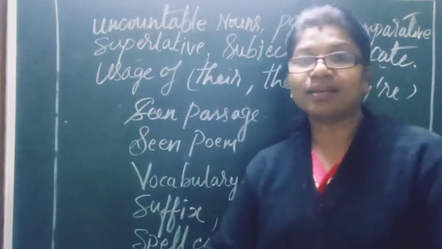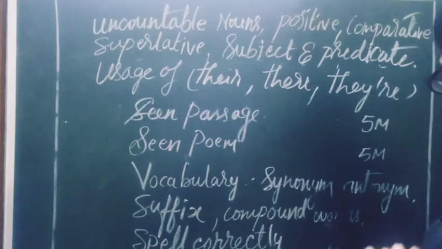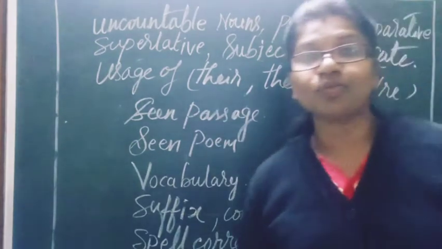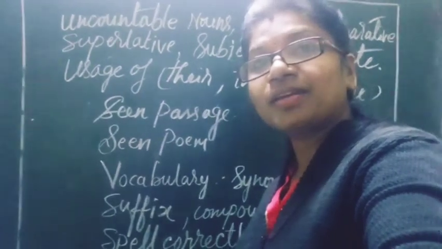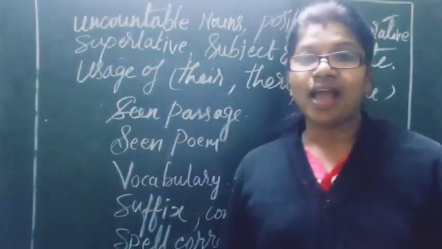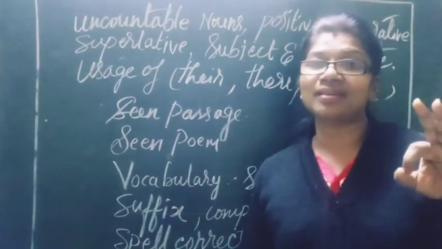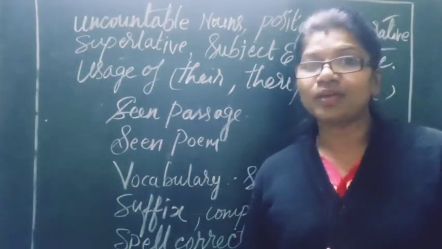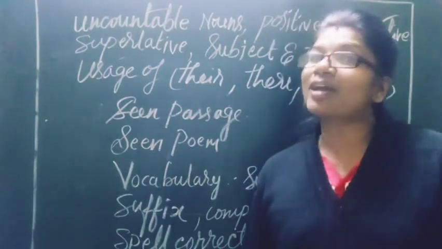That's all, I think. Remaining are common noun, proper noun, countable, uncountable, and similes, which you know. We are comparing two things, like as cunning as a fox, as white as milk, as strong as an ox, as proud as a peacock.